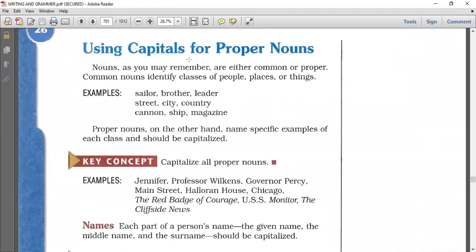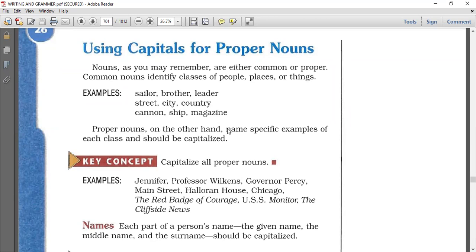Using capitals for proper nouns. Nouns, as you may remember, are either common or proper. We started this in primary school. Common nouns identify classes of people, places, or things, like sailor, brother, leader, street, city, country, cannon, ship, and magazine.